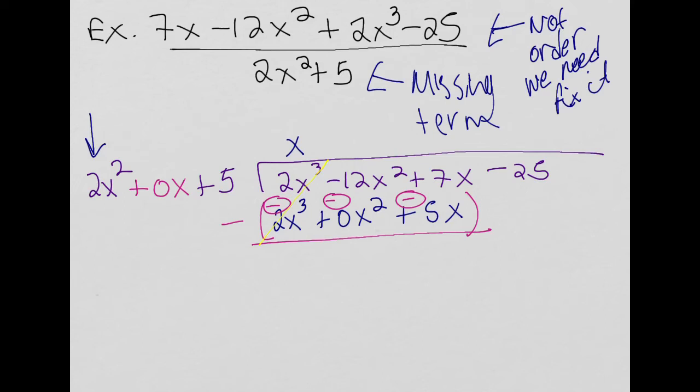And then we have negative 12x squared minus 0x squared. That's just negative 12x squared. And then we have 7x minus 5x is going to give me 2x. And then we're just going to bring down the negative 25.